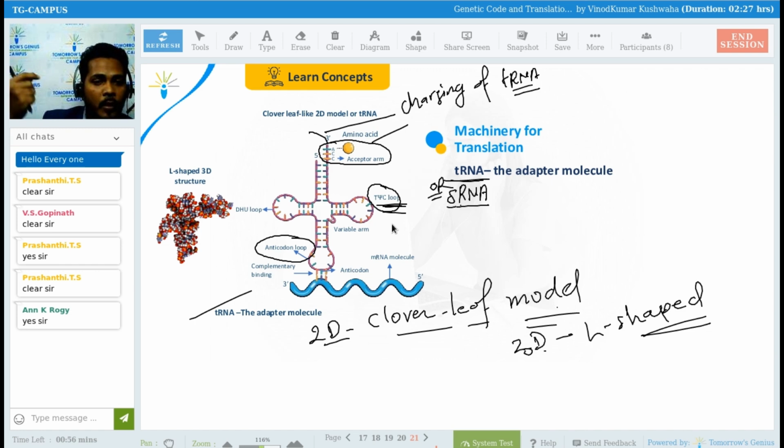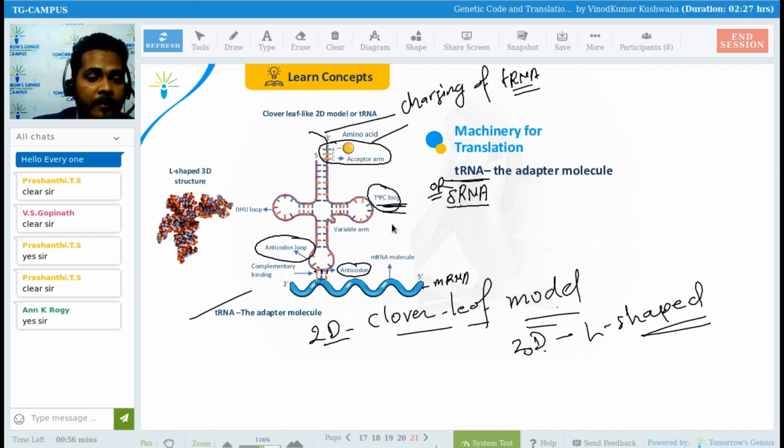At what point will they contact? With the help of this anticodon loop, which is present at the base. This is the mRNA strand, and the tRNA is going to contact it with this anticodon loop. So now there is a connection. This is the anticodon, so it is going to contact this mRNA, right?